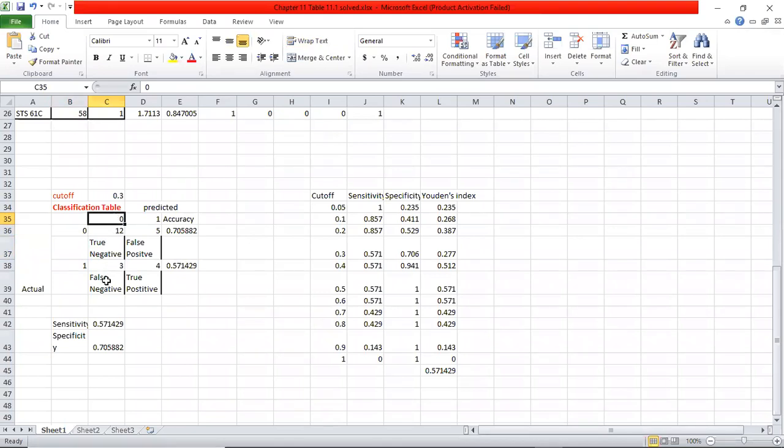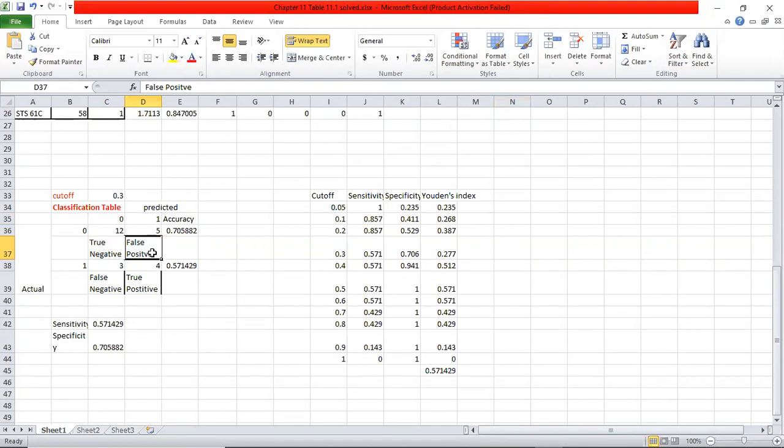Similarly, we have false negative. False negative means actually my output is 1, but my model is predicting it as 0. So what will be false positive?